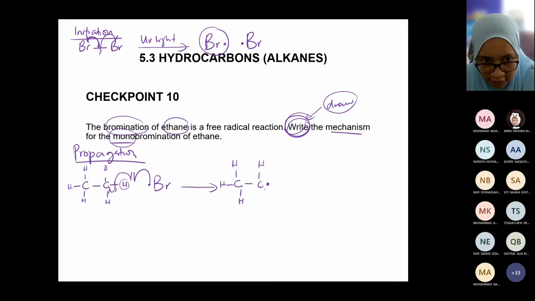Make sure you draw it properly as a circle, because after scanning it may look dark and not visible. Then plus HBr, which is a byproduct formed. The ethyl radical will be carried further to the second step, where we use this free radical to produce our final product later on.